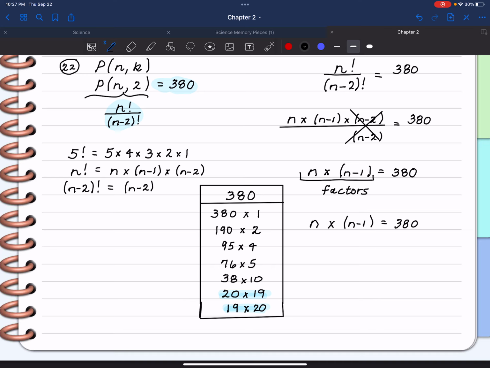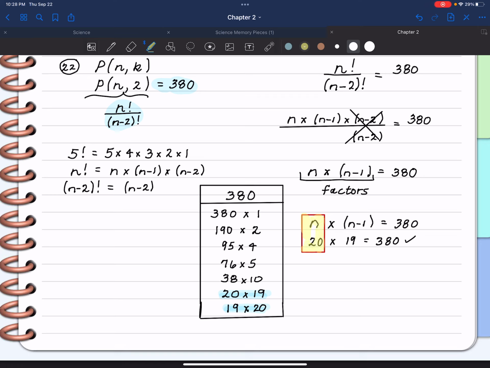If n is 20, what's 20 minus 1? 19. And that is 380. That checks out to be true. And what is n? Right there it is. n is 20.